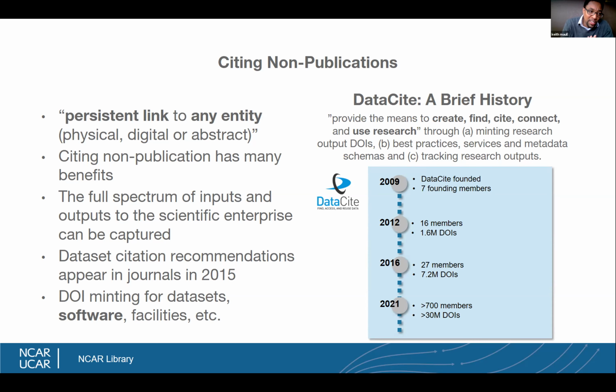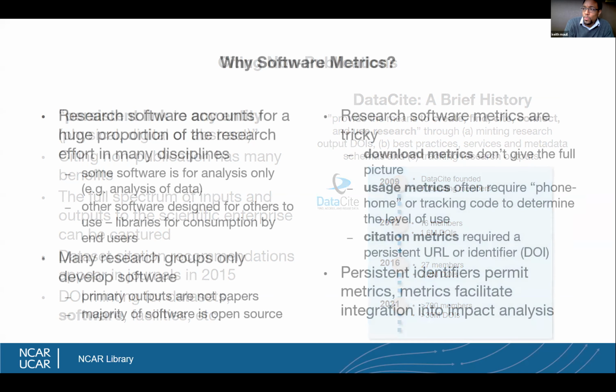The idea behind DataCite made a lot of sense at the time, even though the uptake of what DataCite's platform was trying to accomplish really didn't take off until about 2015 or so, when you might have seen journals starting to publish dataset citation recommendations.